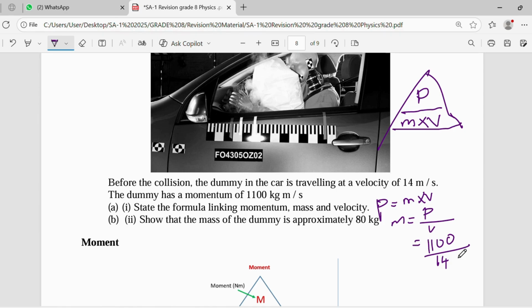If you divide these two numbers, you will get approximately 78.5, which we round off to 79, which is pretty close to 80 kg. So that is the answer.